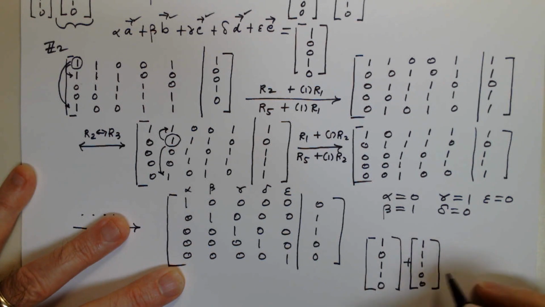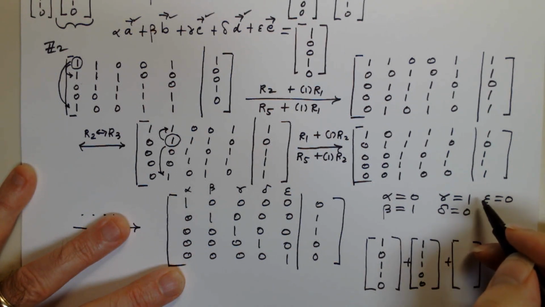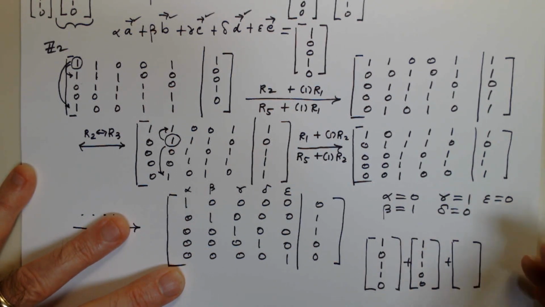B affects A and C. And we're supposed to use 1 gamma, right? Gamma is equal to 1, so 1c. And that's what a C vector looks like, right? It affects positions C, B, and D.